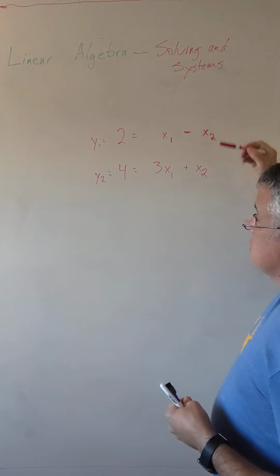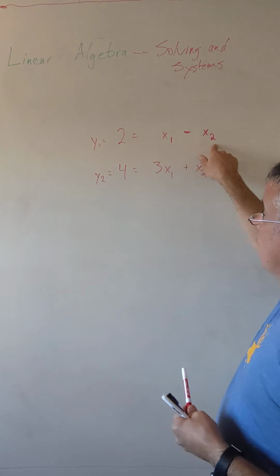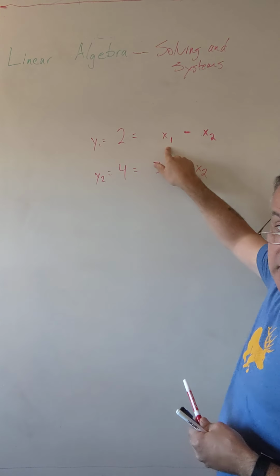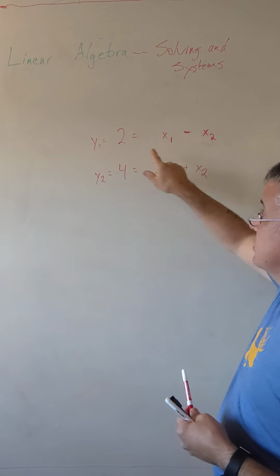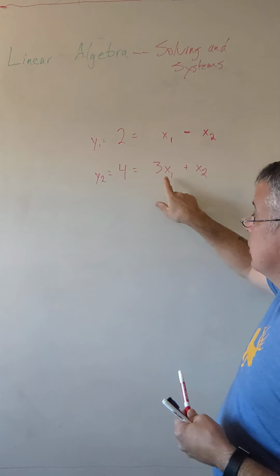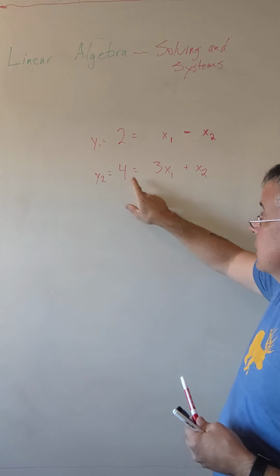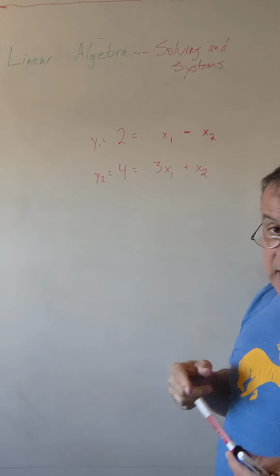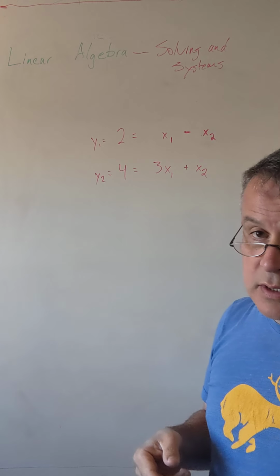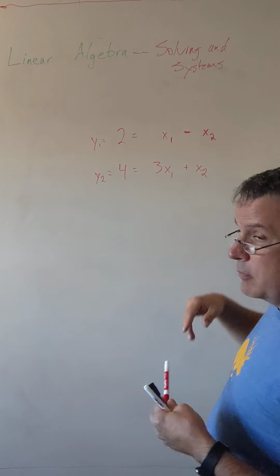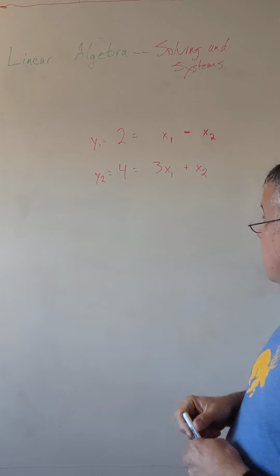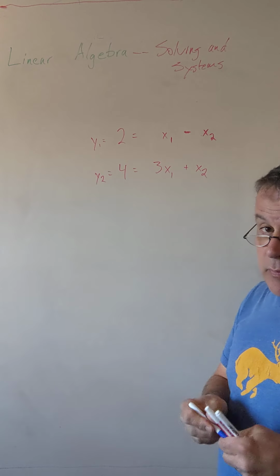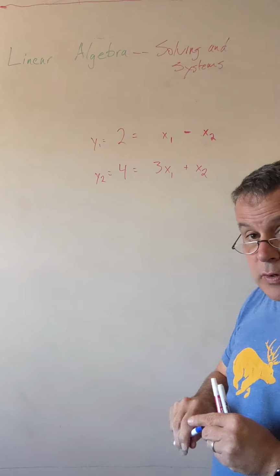We can't easily read off the value of x1 or x2 from the first equation, nor from the second equation, because they are simultaneously in operation. You have probably learned lots of tricks for solving systems of equations.